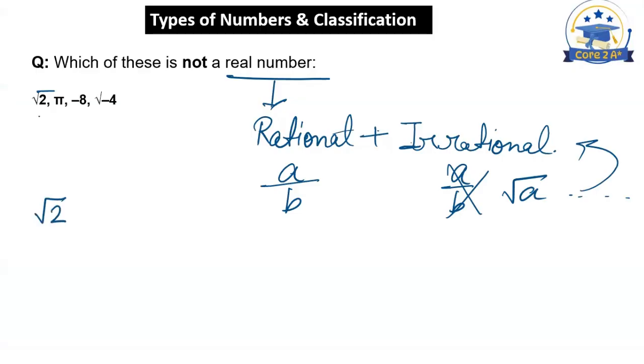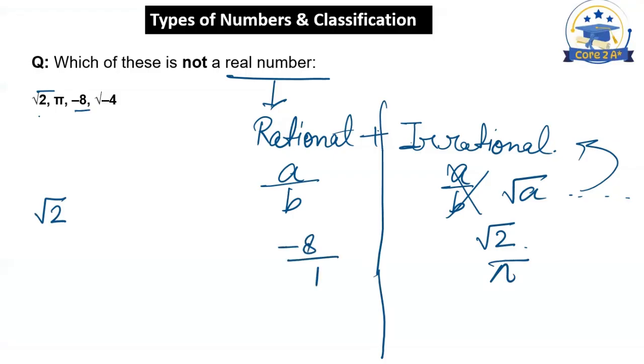So square root of 2 is what type of number? Irrational, right? So I am going to write it in the irrational category. Now pi is also an irrational number. -8 we can write as -8 upon 1. So this is a rational number. Okay, but see, square root of -4, right?